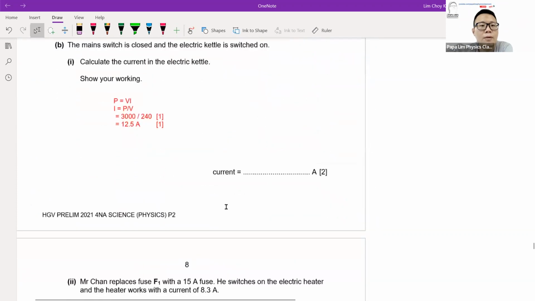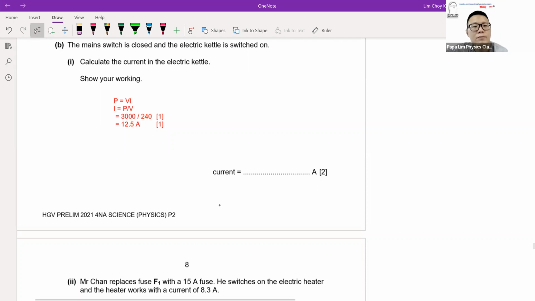So this is where the formula comes in, power equal to IV. So formula wise, for calculation for power, you have to remember them. For circuits, there are a few formulas: V equal to IR, P equal to IV, sometimes resistance is rho L over A, current is Q over T. So these are the formulas that you have to remember in order for you to work out your circuits.